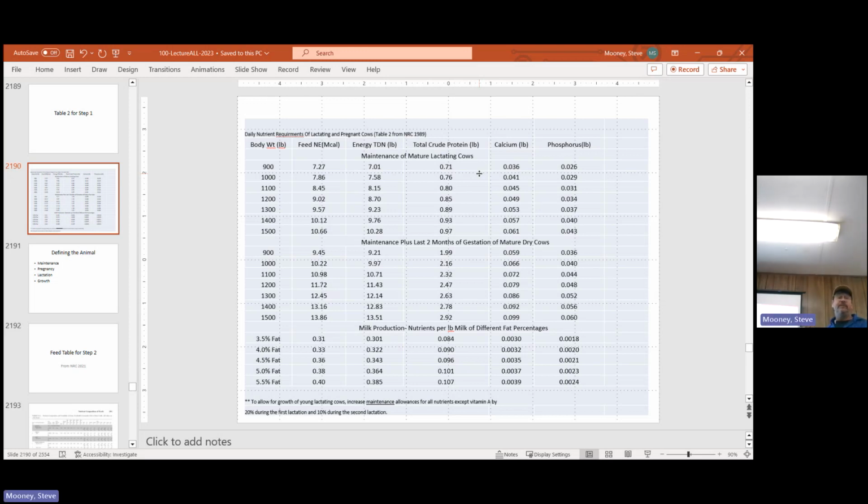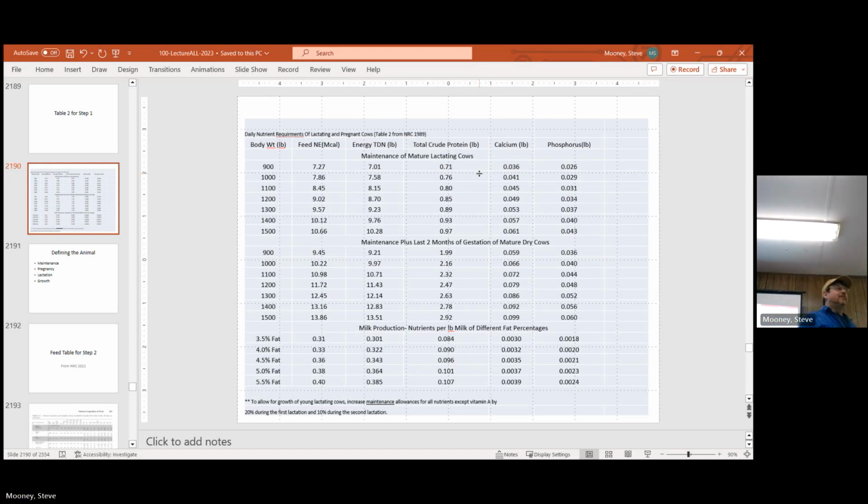Is it your milk minus your maintenance and your gestation? Nope. We've got maintenance. We've got maintenance plus pregnancy. So by difference, we can figure out pregnancy. Lactation's a standalone area. Where's growth? There's the only place you haven't looked yet. Footnote at the bottom.